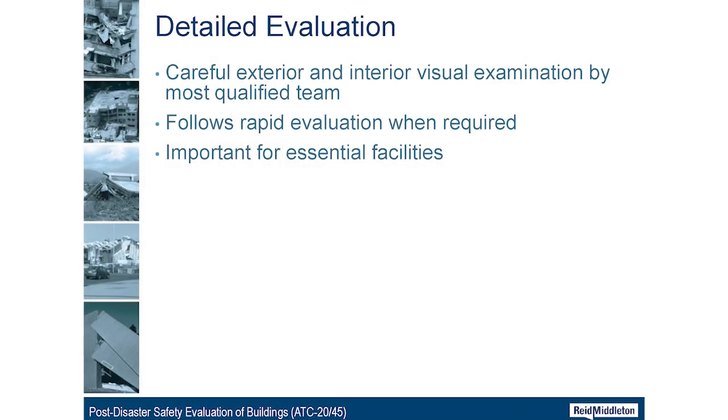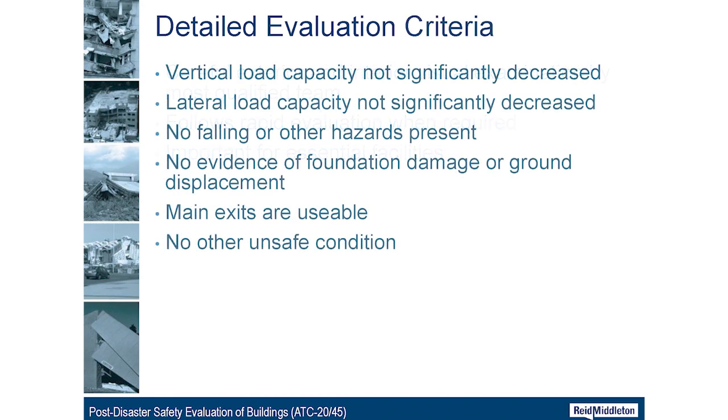So that's our rapid form. Our detailed form, again, is a more careful assessment by a generally more qualified team. It requires exterior and interior if you're doing a detailed form, and is important, and I'd say categorically required for essential facilities. When you're doing your detailed evaluation form, there's a little bit more specificity in the way you think about the structure.